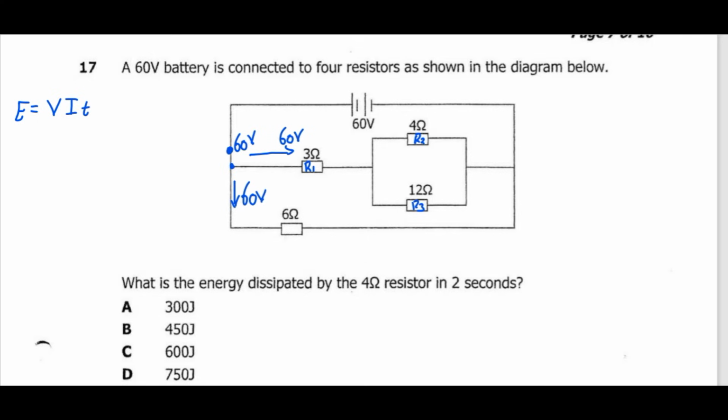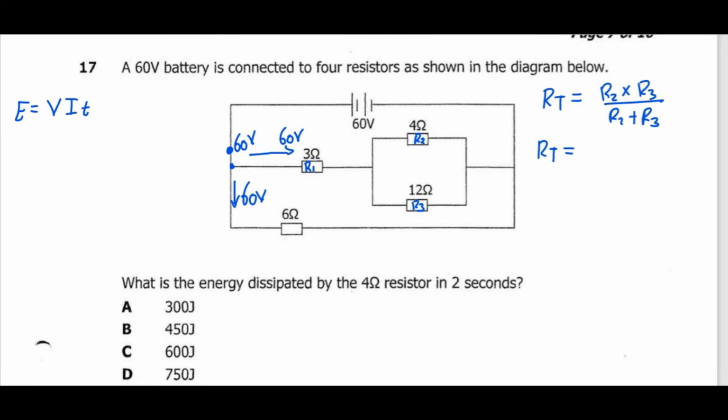So what can we do? Let's find the total resistance for resistors 2 and 3. So we'll say total resistance is equal to resistor 2 times resistor 3 over resistor 2 plus resistor 3.